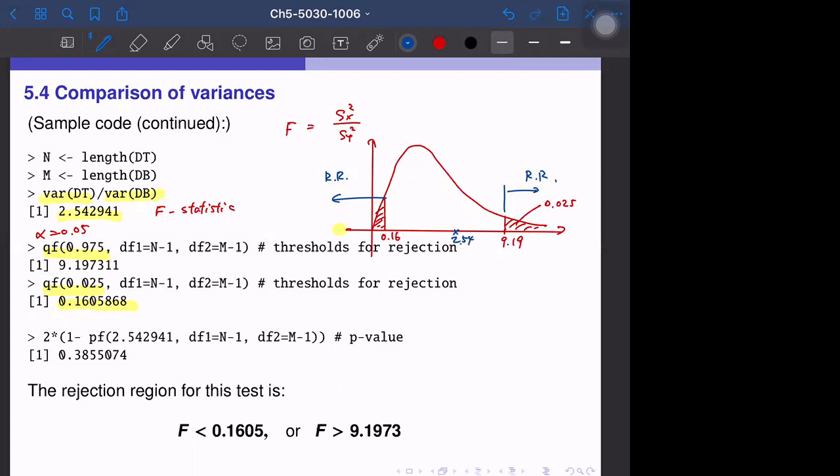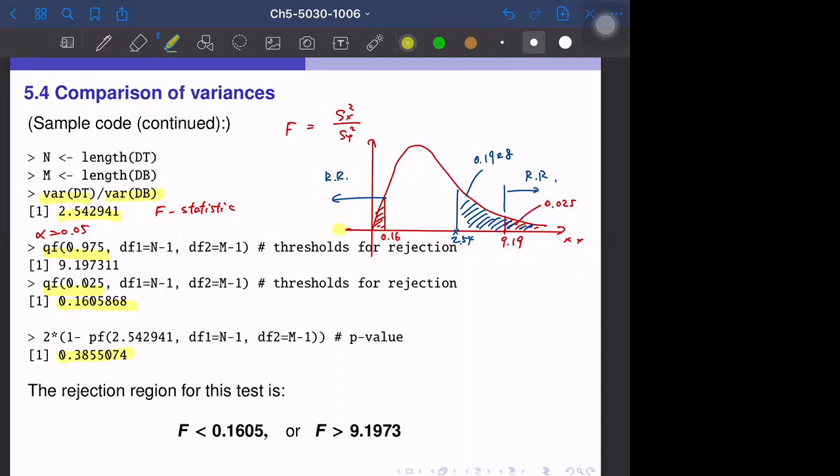So 9.19 is much further to the right than this point. But okay, 2.54 is probably around here. So the p-value is this area times 2. So this area is actually probably around 0.1928 or something. So if we multiply by 2, that becomes 0.355.